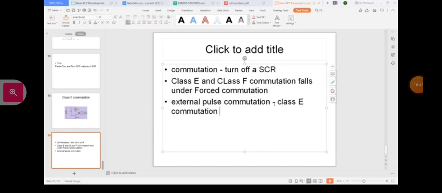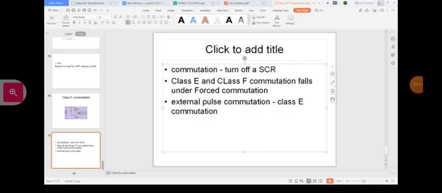In this subtype, an external pulse or external current signal is used to turn off a SCR. Because of this reason, this class A commutation is also called external pulse commutation.